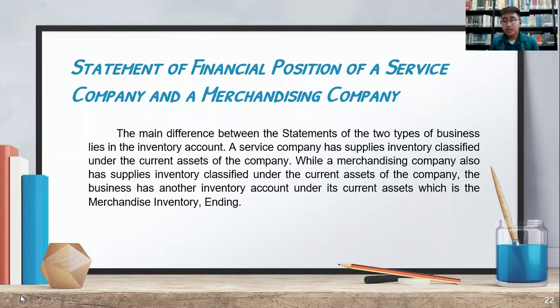So the service company has supplies inventory classified under the current assets of the company, while the merchandising company also has supplies inventory classified under the current assets of the company. So the business has another inventory account under its current assets, which is the merchandise inventory ending.